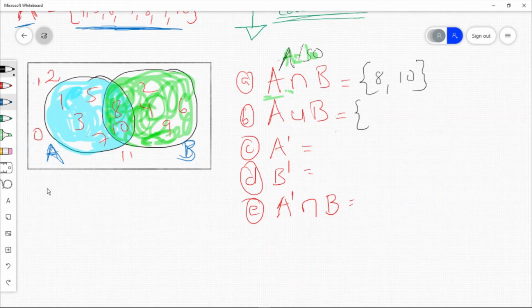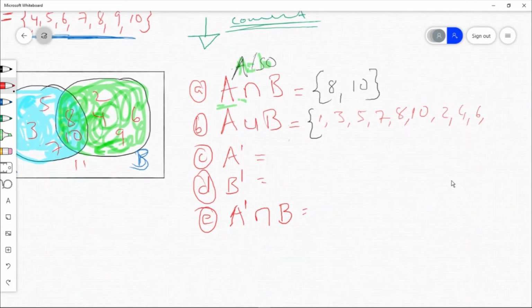That would be all the elements in A, 1, 3, 5, 7, 8, 10, and also 2, 4, 6, 9.